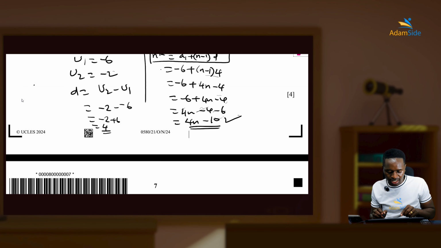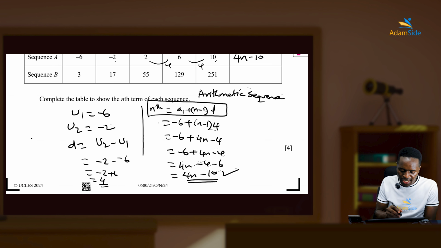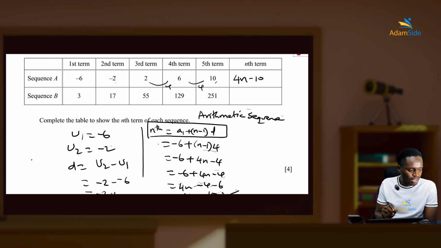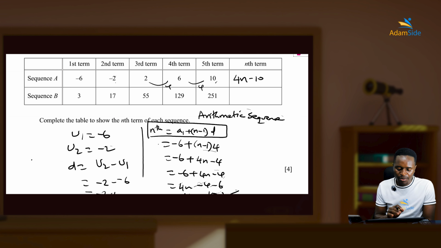Correct. And then we go to sequence B. For sequence A we have 4n minus 10. Sequence B is 3, 17, 55, 129, 251. We have to know exactly what's happening.